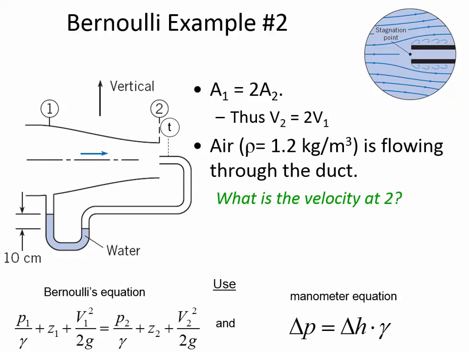And it's also equal to the pressure at location T divided by gamma, plus Z sub T plus Vt squared divided by 2g. So really, we're most interested in the relationship between 1 and T, because that's what we're going to measure with the manometer equation, the change in pressure between 1 and T.